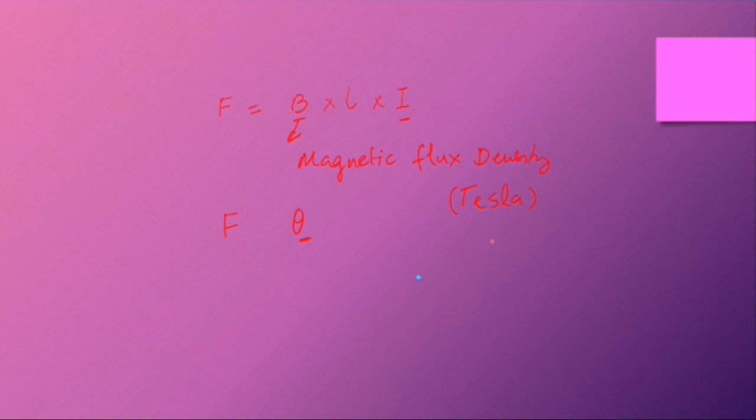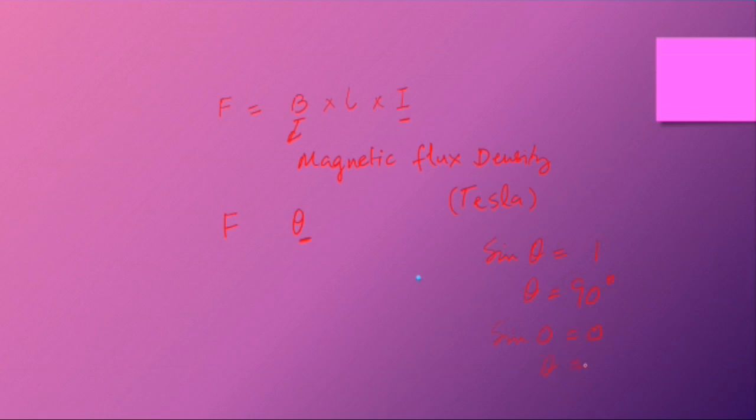We know that the maximum value of sine theta is 1 when theta is 90 degrees, and sine 0 is 0, which is the minimum value.